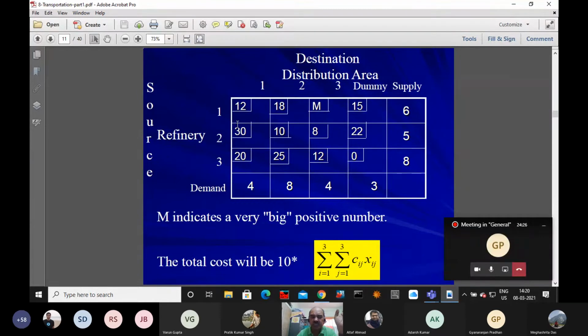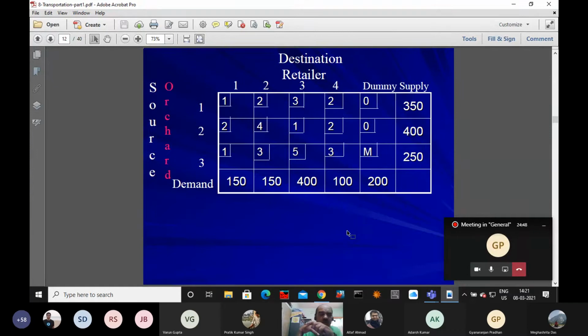There are 3 sources and 4 destinations. Earlier we had 3 sources and 3 destinations, but the data are slightly different. That is a 3 by 3 problem, and this is a 3 by 4 problem, but both problems are balanced. Okay, so now we have another problem.